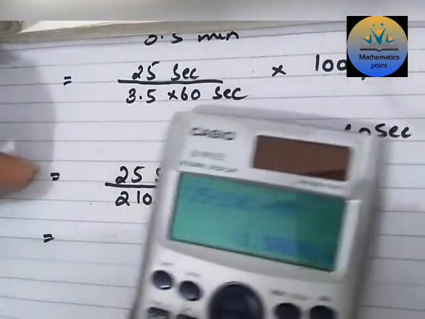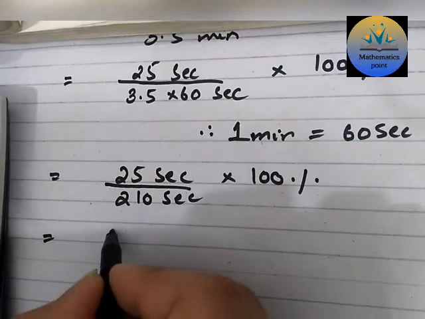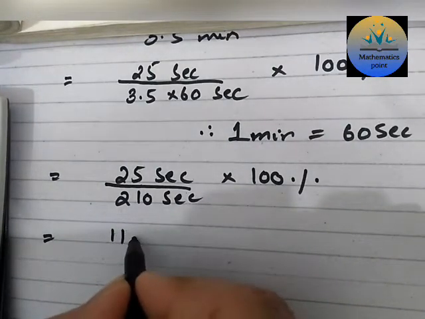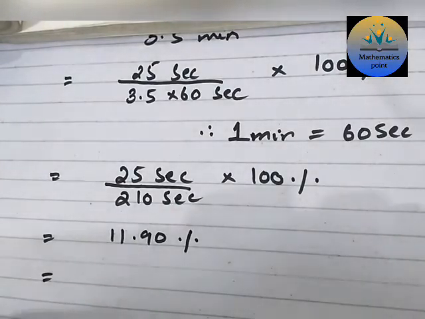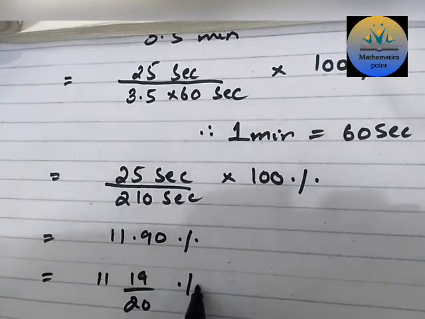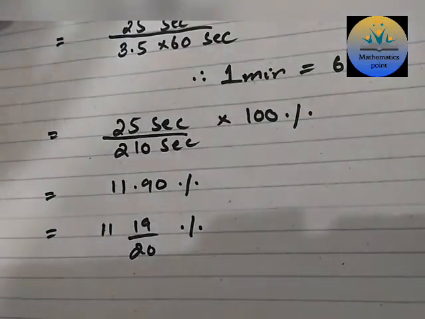The answer that we get is 11.90 percent. As a mixed fraction, it will become 11 whole 19 by 20 percent. So this is how we represent one quantity as a percentage of the other.